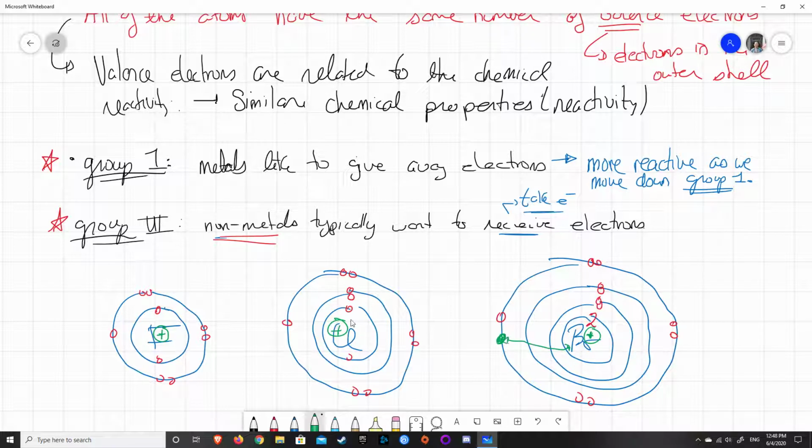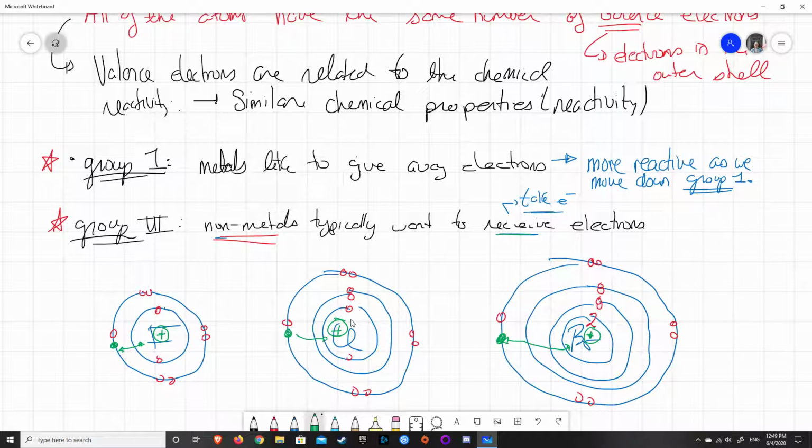He's not going to feel really wanted by the nucleus. And we put another electron here. He's closer, so he's going to feel a little bit more wanted. And we put another one here, and he's going to feel really wanted by the nucleus. He's going to feel really attracted. So you can see that the electrons they're receiving are more and more attracted as we go up the group.